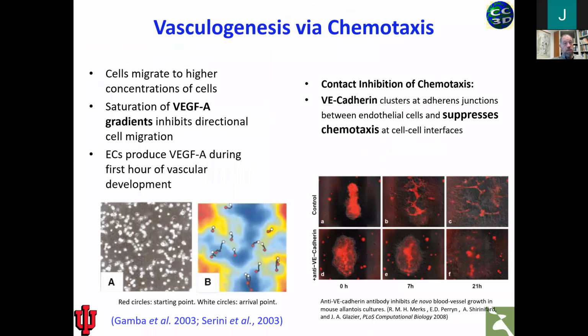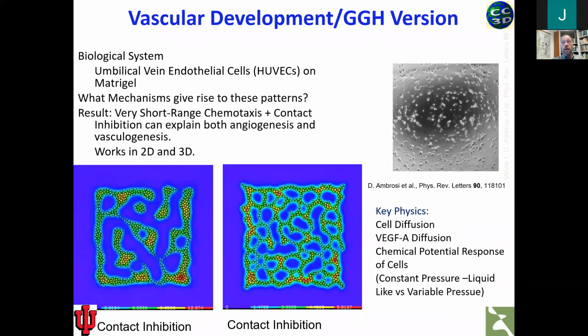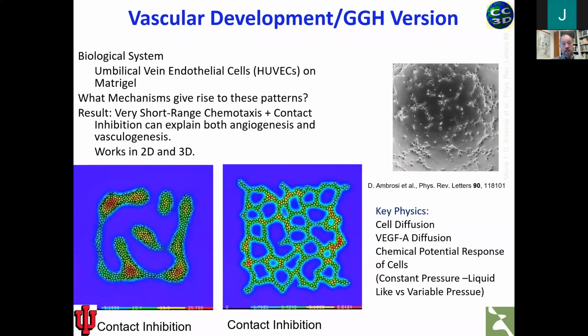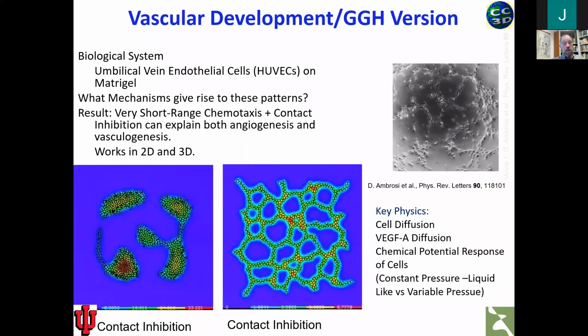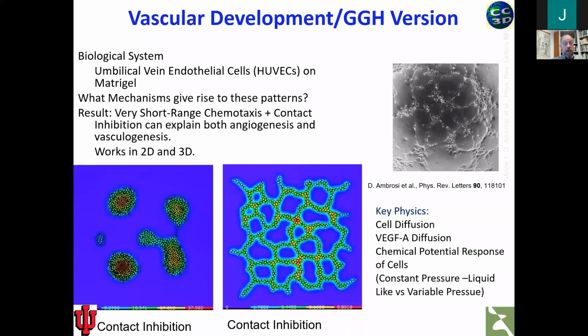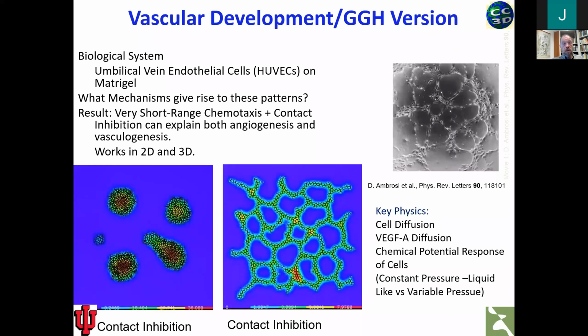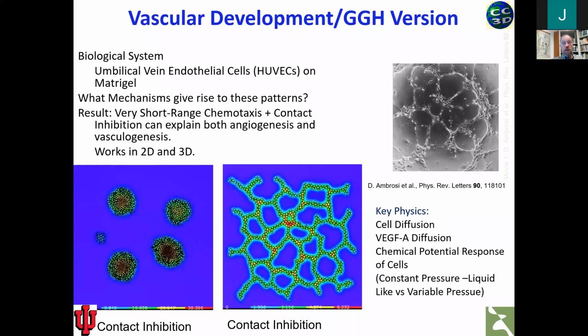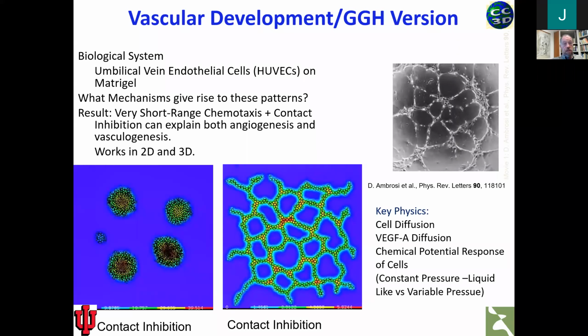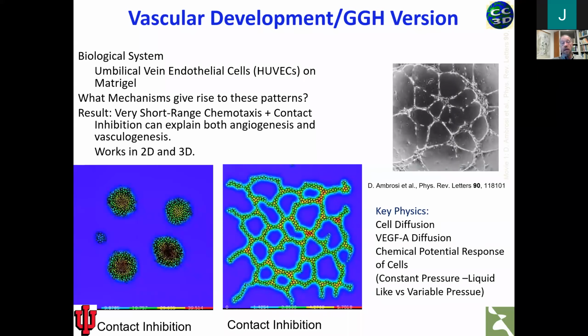The hypothesis that we worked with a long time ago was that there was a signal, a vascular endothelial growth factor signal, which you've seen, and that chemical diffusive signal, which attracts cells, was going to be the primary mechanism for vascular patterning. In this case, we were able to show that by itself, endothelial cells subject to chemotaxis, that is chemical attraction due to a chemical they secreted themselves, were not sufficient to generate vascular patterns, so they're blobs instead.